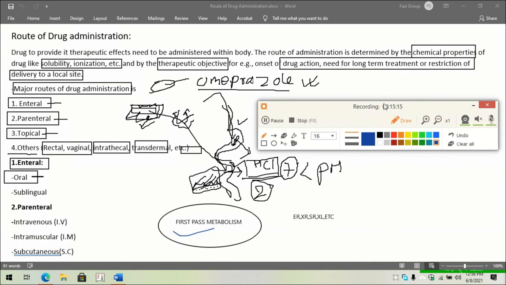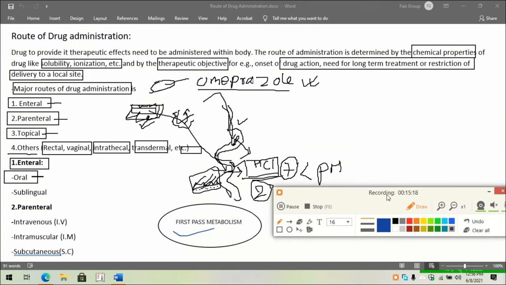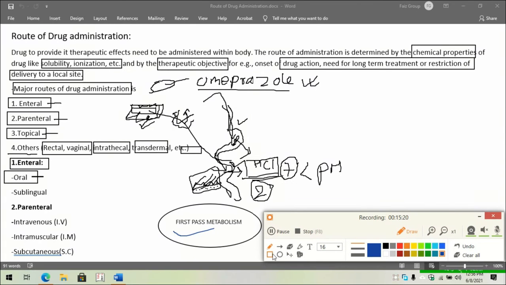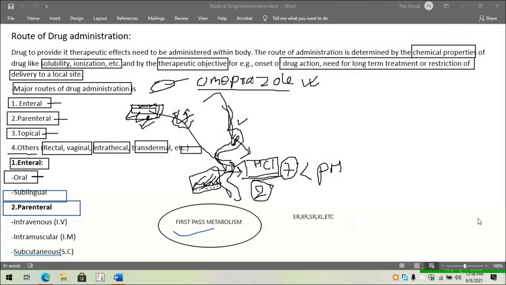And now let's move to the parenteral route of drug administration. We have discussed sublingual too.